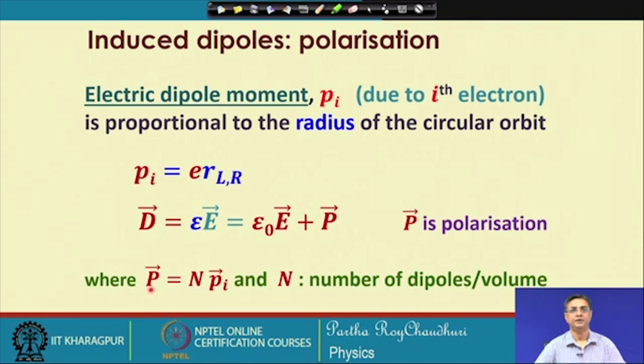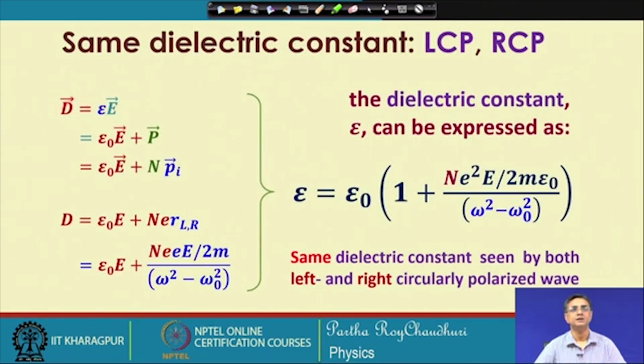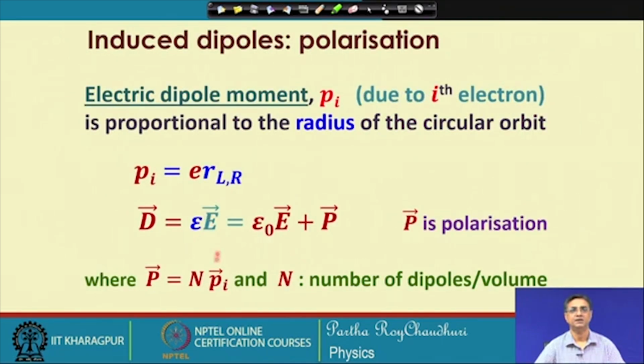Now, P, the polarization, is equal to the total number of induced dipole moments. So, this is the number of dipole moments per unit volume, and this is the dipole moment. So, this gives you the polarization. The same dielectric constant will be seen by both left circularly polarized light and right circularly polarized light, because there is no change in the radii of the two electrons.